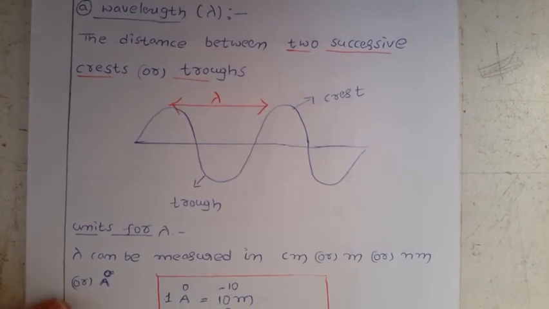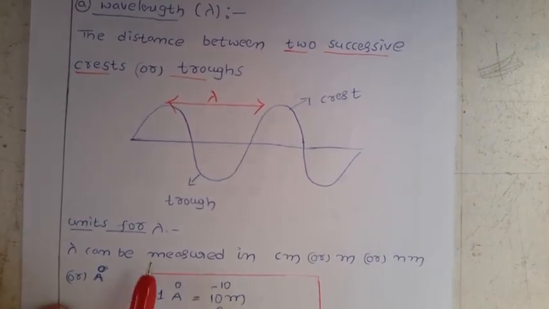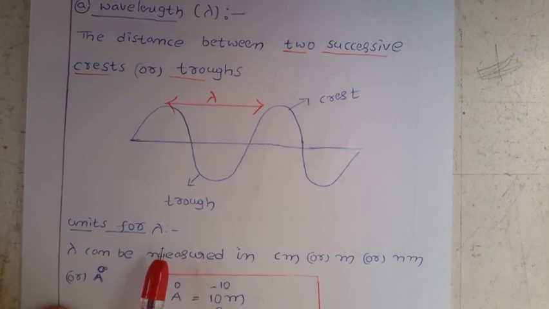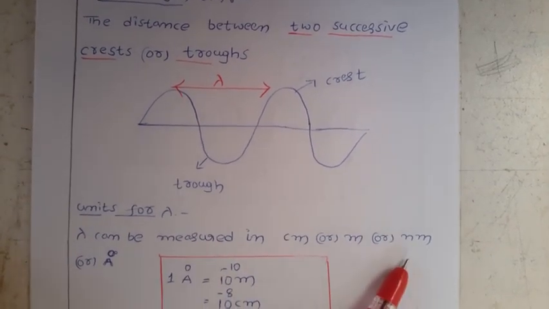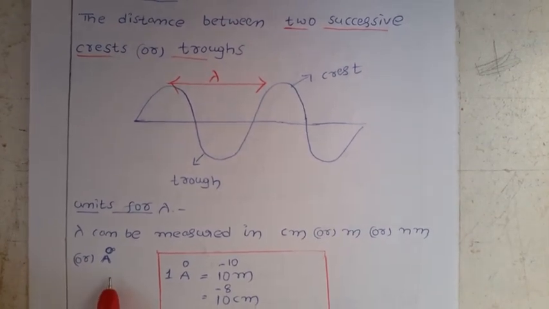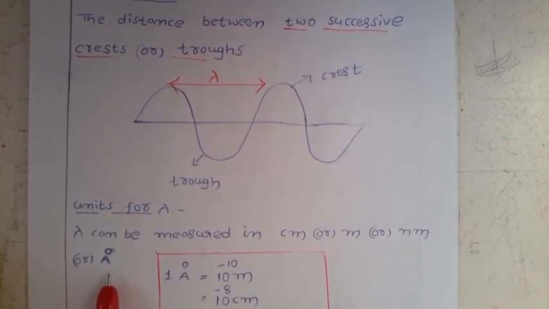Now what are the units for lambda? You know very well, distance we measure in meters or centimeters. Along with that we have the other units, nanometer and angstroms. Units are very, very important.